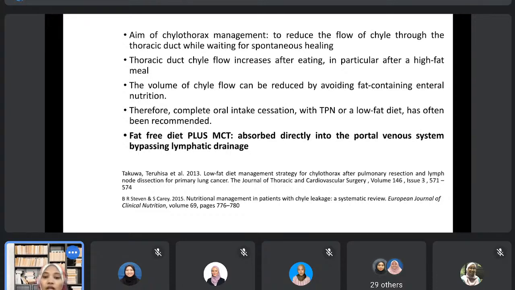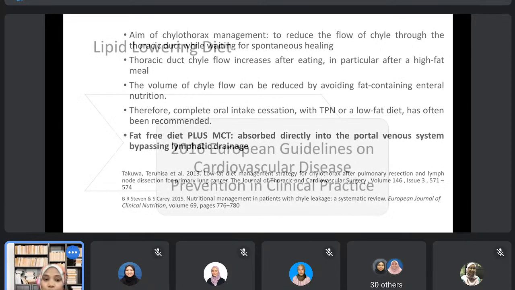So therefore, a complete oral intake cessation should be commenced and with TPN or a low-fat diet. Okay, so fat-free diet plus MCT is recommended for them because it will be absorbed directly into the portal venous system bypass the lymphatic drainage.